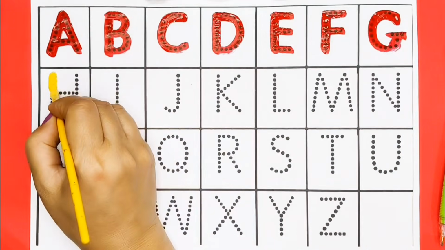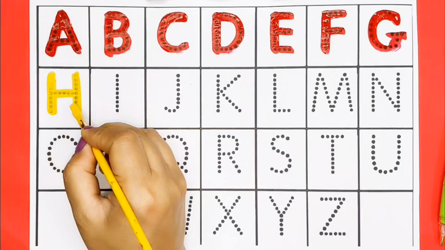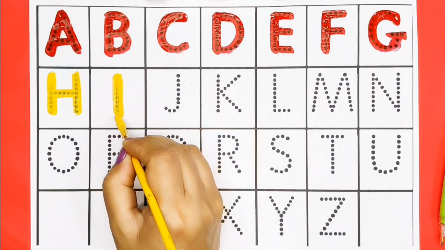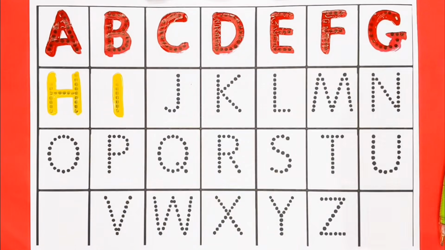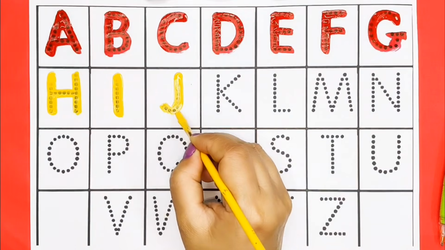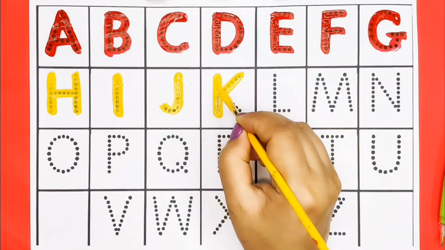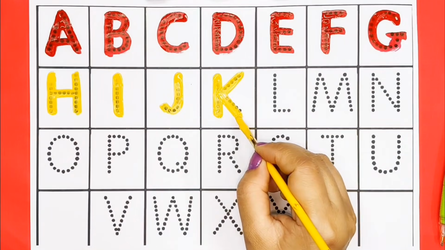Yellow color. H. H for hand. I. I for island. J. J for joker. K. K for kite.